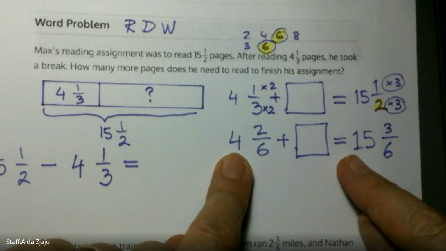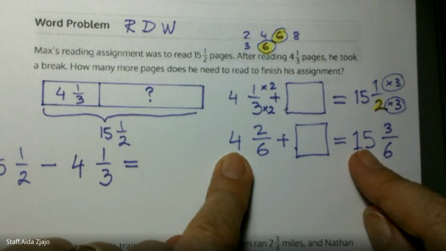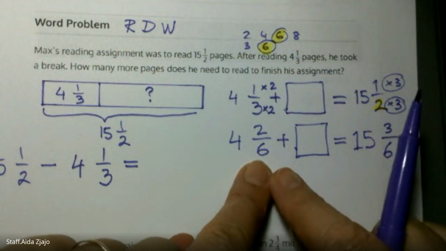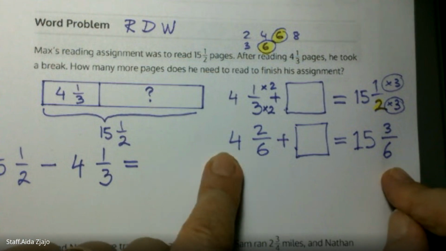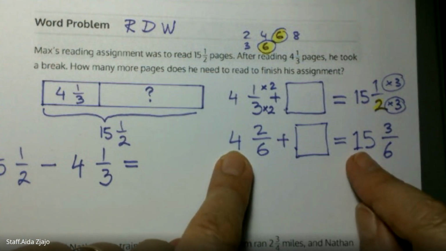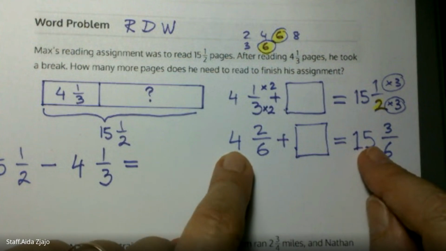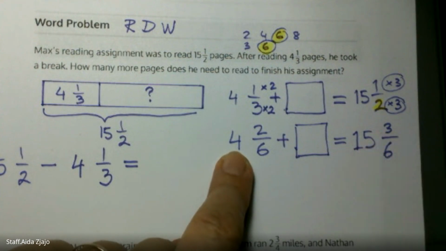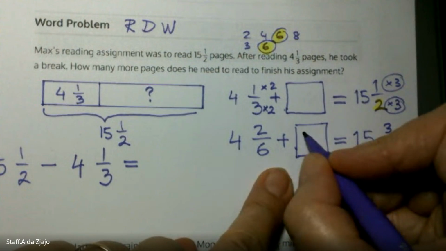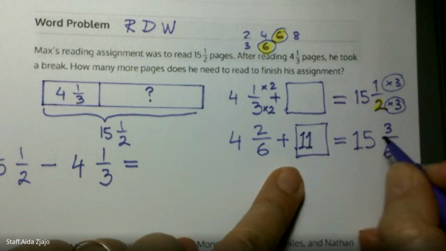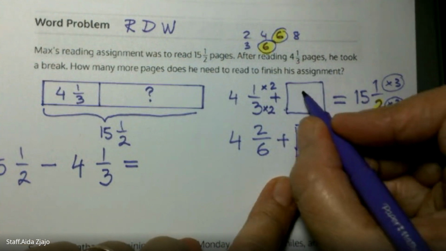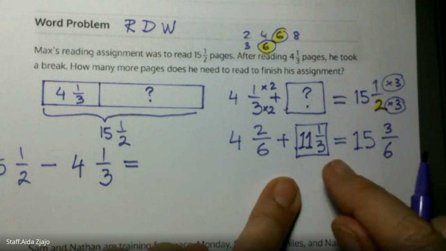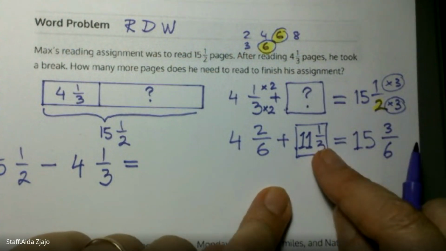Okay, so now it's so simple to figure out, because if we have 4 wholes, we need to have 15 wholes. And if we have 2/6, we need to have at the end 3/6. That makes sense: 5 and 6 makes 11 wholes. So I need 11 wholes, and I need 1/6 here, the unknown part.